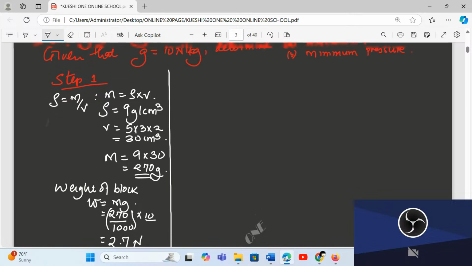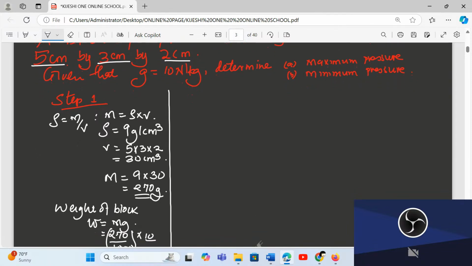So the first question was asking maximum pressure. We can draw this one. So 5 centimeters by 3 centimeters by 2 centimeters. Then you can say maximum area.